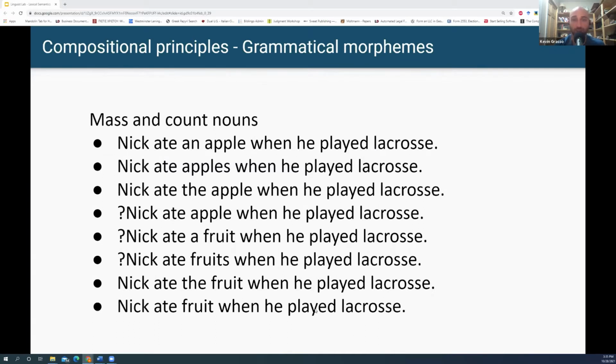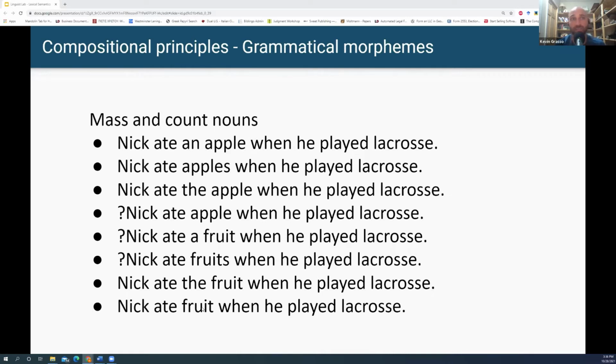Again, it's interpreted habitually, and it's parallel to the plural. So bare singular, in this case, is interpreted in a very similar way to a bare plural, just a count noun with a plural, because fruit is what's called a mass noun.